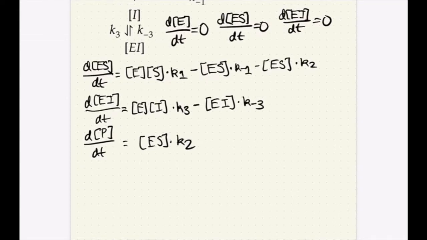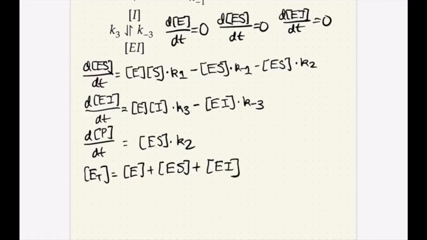And finally, this is just a reminder: our enzyme total concentration is going to be the enzyme concentration plus the enzyme substrate complex concentration plus the enzyme inhibitor complex concentration.